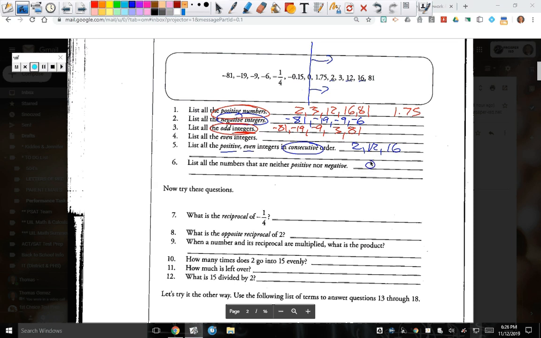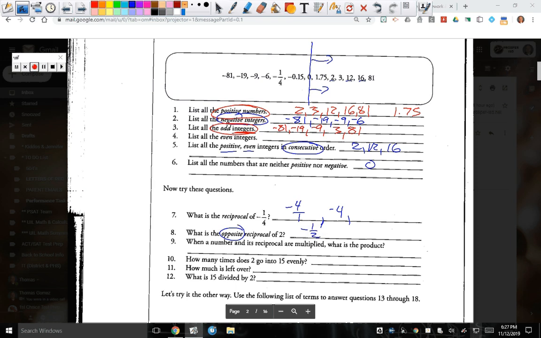All right, so now, what is the reciprocal of negative 1/4? Negative 4 or negative 4 over 1. Okay, that's a reciprocal. What's the negative reciprocal of 2? Negative 1 over 2.